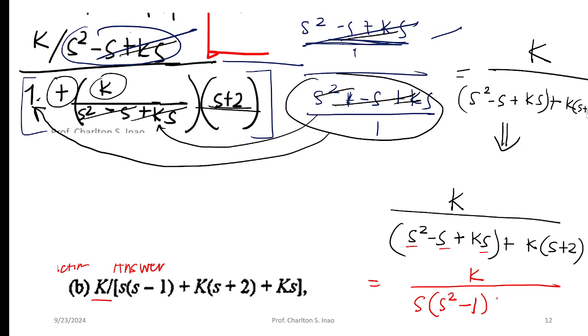Then plus K. Or just the Ks. Now we can separate this, right? So s squared minus 1 plus, then we retain this, plus K s plus 2, then we affix this.